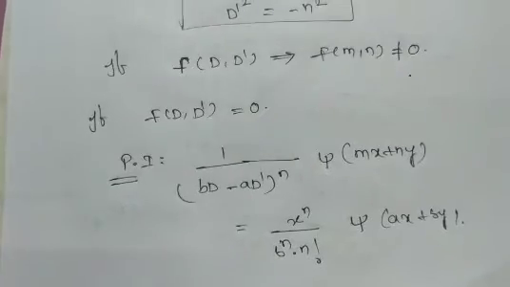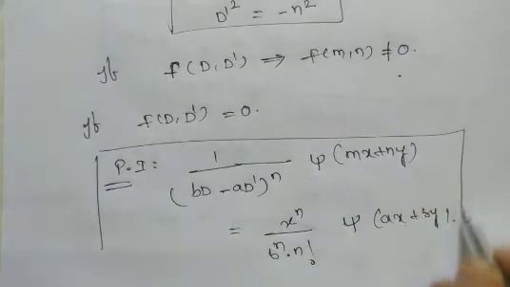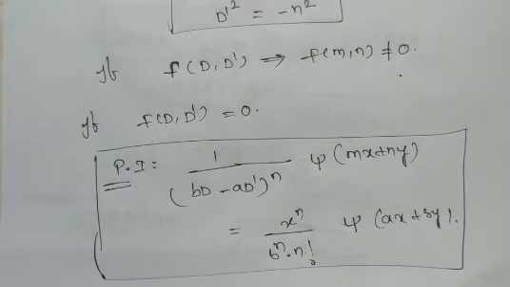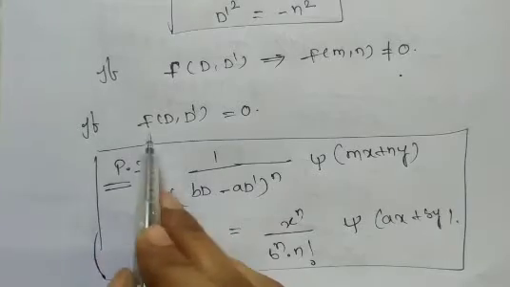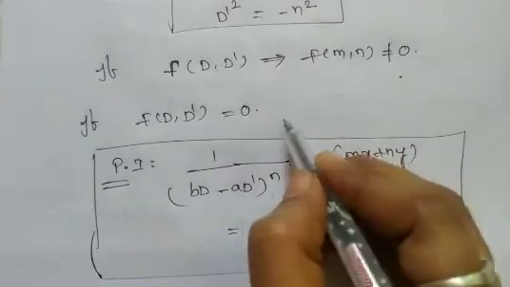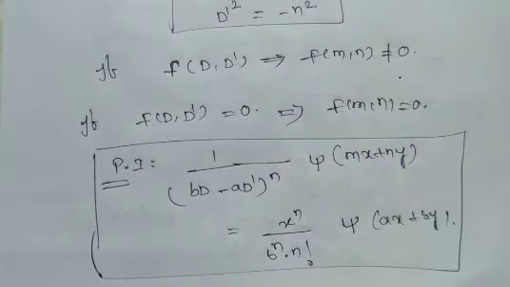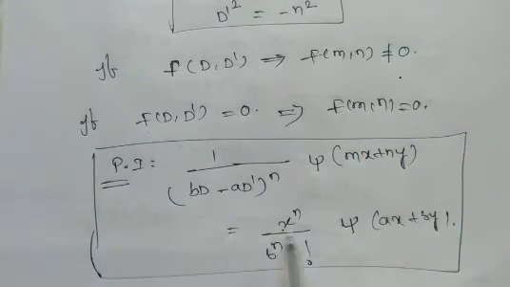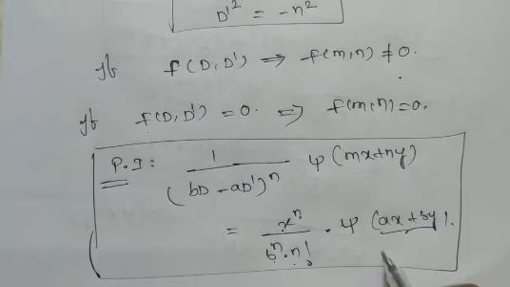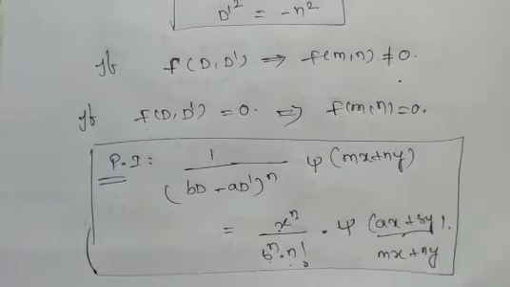By using this formula we find the particular integral when f of m, n equals 0, that is x power n by b power n into n factorial into psi of ax plus by or mx plus ny.